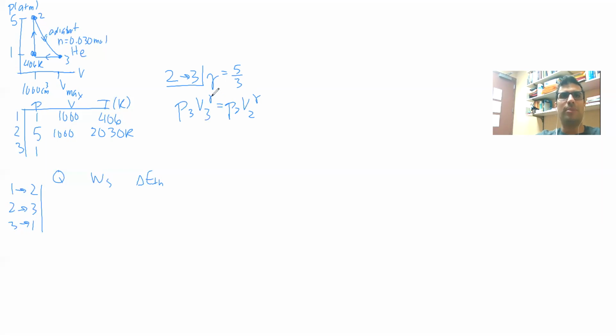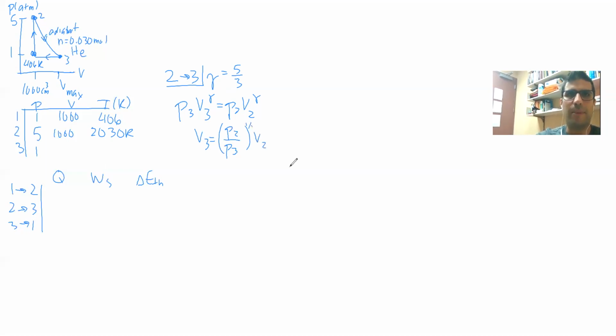You have to do a little bit of work because gamma is 5/3. To solve for V3 algebraically, it's going to be P2 divided by P3, but then you have to raise it to 1 over gamma, which for our purposes means taking the pressure to the 3/5 root, whatever that means.